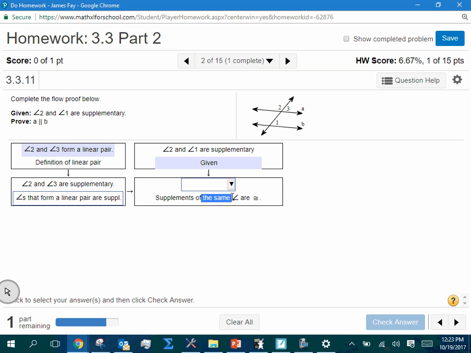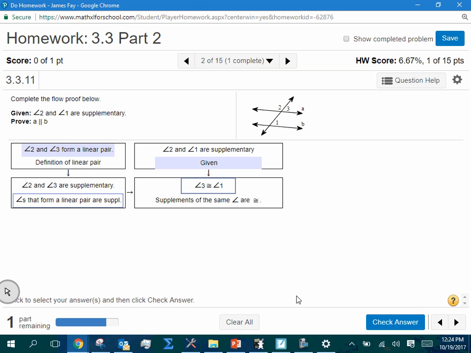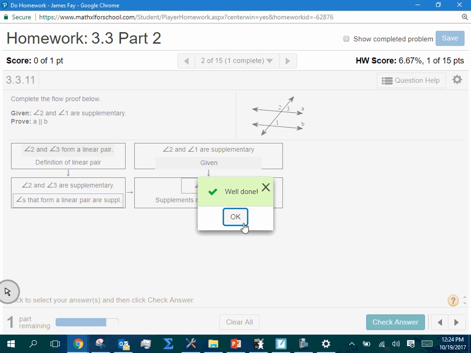Here it's telling you why. Supplements of the same angle are congruent. Is 1 the supplement of 2? Is 3 the supplement of 2? The same angle is 2 up here and over here. So it tells us 1 and 3 are congruent. Remember, we called that the congruent supplements theorem, back in sections 2.5 and 2.6. So check that answer. Awesome.